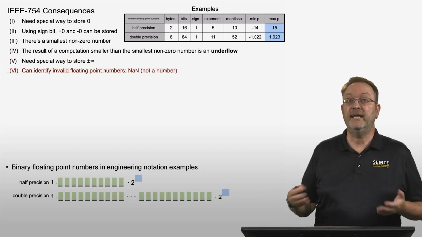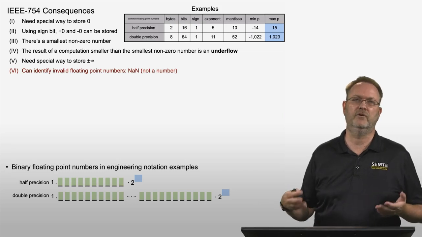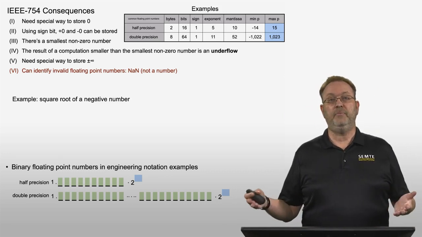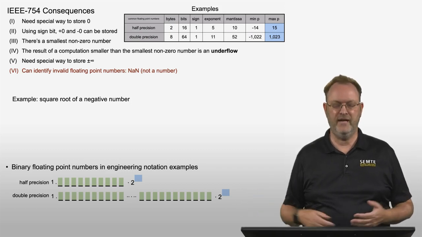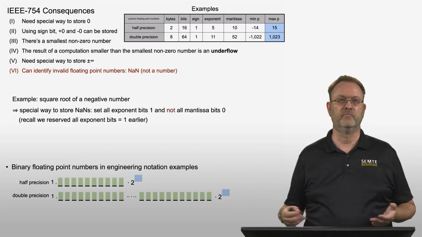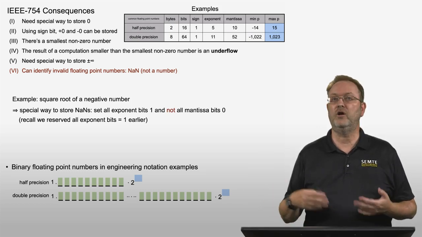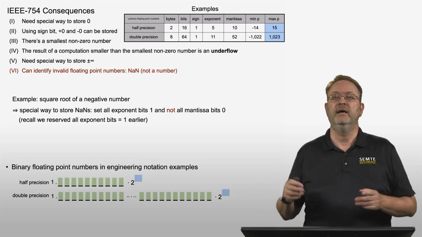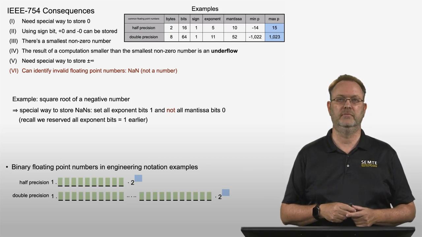Next, we can identify invalid floating point numbers, and those are named NaN, which stands for not a number. Examples of invalid floating point numbers are square roots of negative numbers. And the special way to store a not a number is to set all exponent bits equal to 1, similar to plus or minus infinity, but not all mantissa bits 0, right?